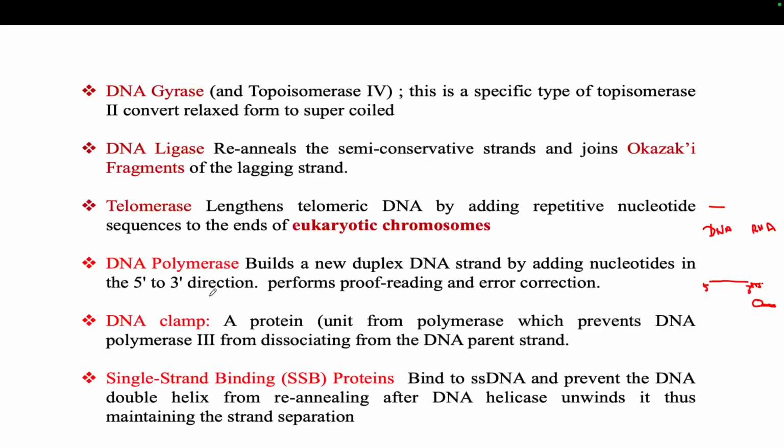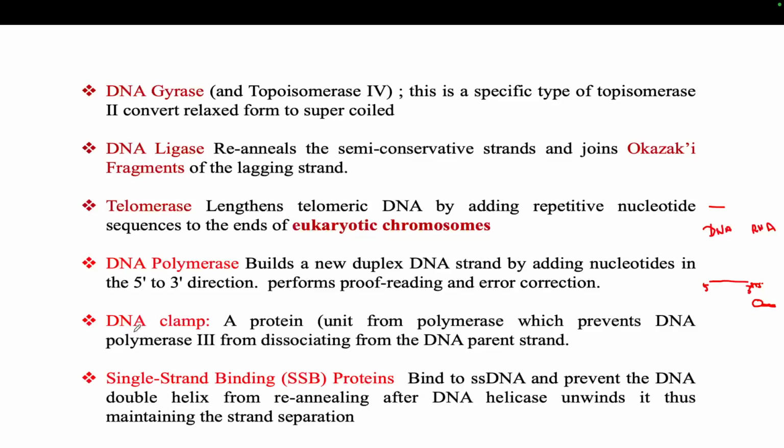If there is a mismatch, it will do the proofreading activity to remove those nucleotides and add the correct nucleotide into the DNA. So that is the work of DNA polymerase, which is the major enzyme in the replication process.